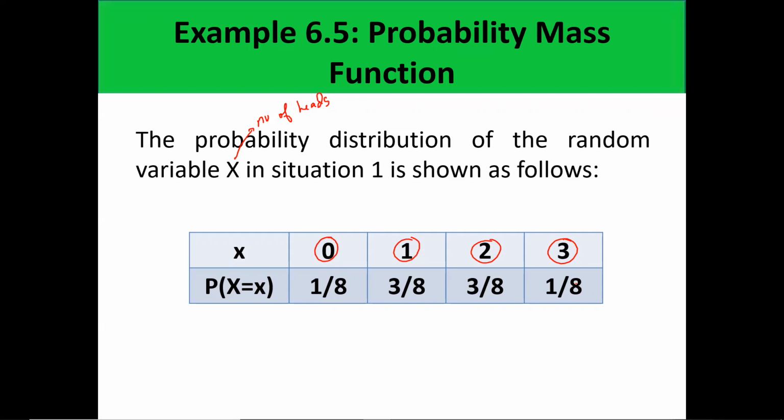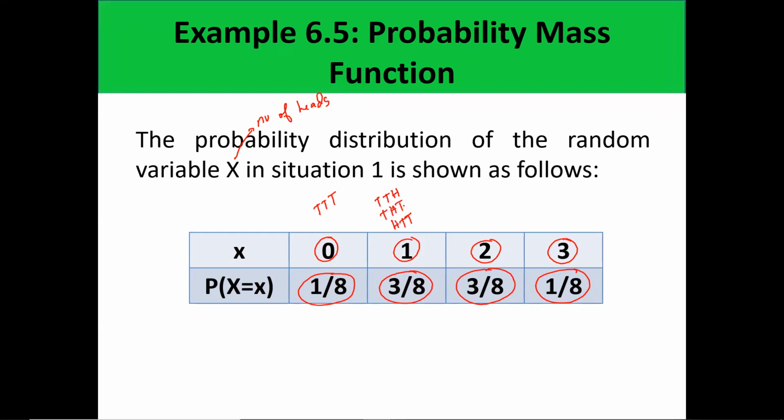Now in the second row, you find the probabilities associated to the values of x. Remember, if x is the number of heads and the outcome is tail, tail, tail, that means x is equal to 0. And the probability that the outcome doesn't have a head is 1 out of 8. For x equals 1, the outcomes would be head, tail, tail, tail, head, tail, and tail, tail, head.